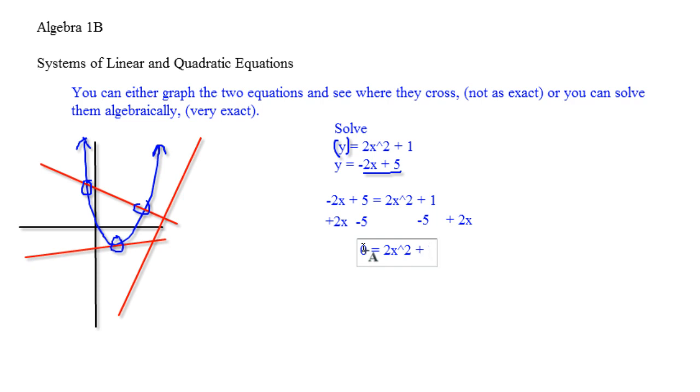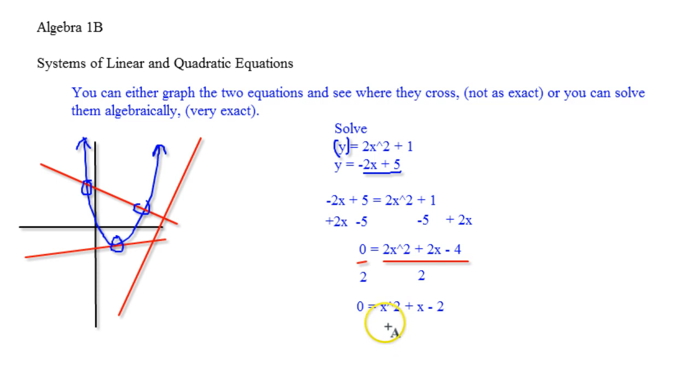So this becomes plus 2x minus 4. Now I can factor out a 2 out of everything, so I'm going to divide everything by 2. This is a totally legal move as long as you do it to both sides. I'm going to be dealing with 0 equals x squared plus x minus 2.